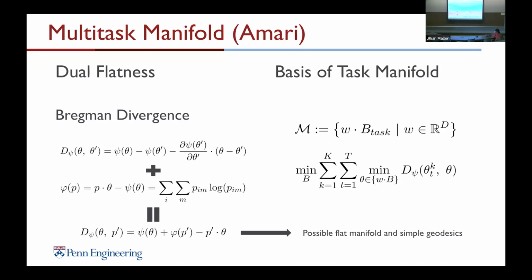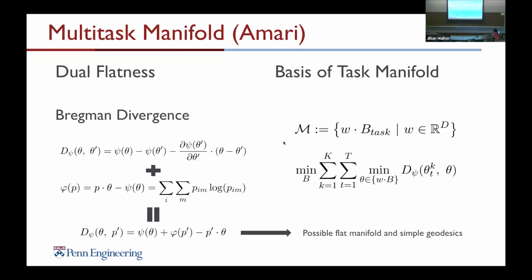So it is possible that there exists a flat manifold and simple divergence geodesics, and we want to build our task manifold in the same way, so that we can learn the basis of the tasks. On the right is a generalized form of our hypothesis.